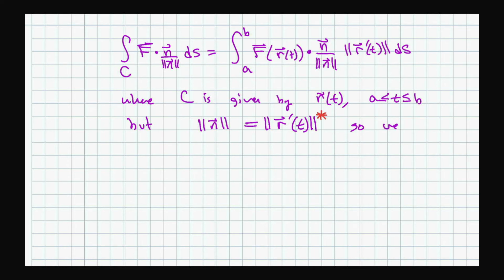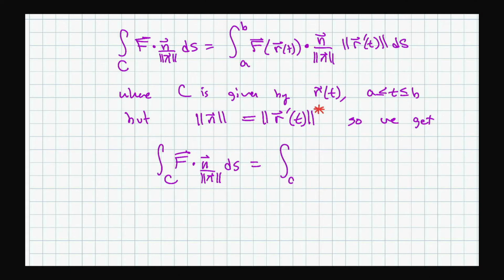So we get the integral over C of f dot n over the magnitude of n ds, and this is the one we're actually going to use: the integral from a to b of f, where you plug in r, dot n, which is a function of t, dt. The reason is that these cancel because they're equal.